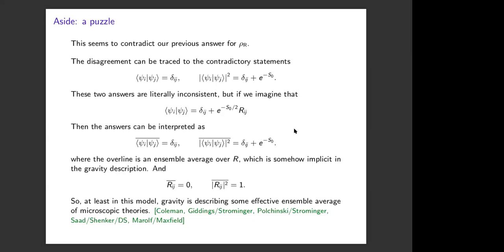Okay, if I can just go back to this point about gravity computing average answers. You can have a situation where one would expect, in a fairly manifestly unitary theory, that you get the JT model as a good approximation.